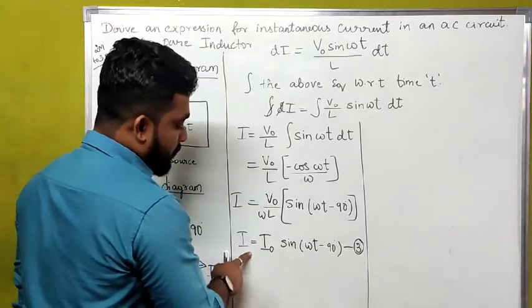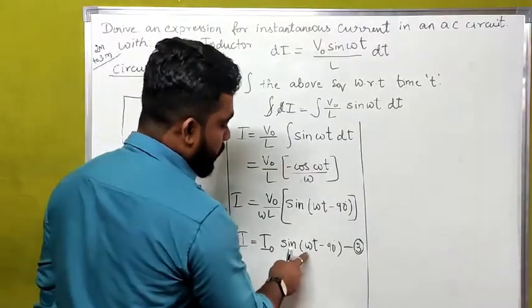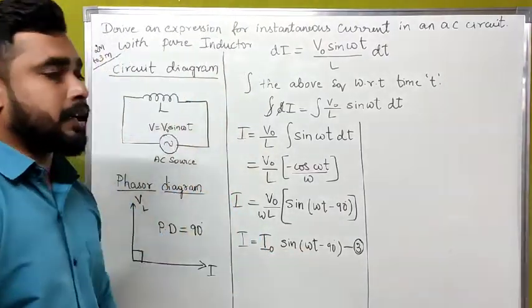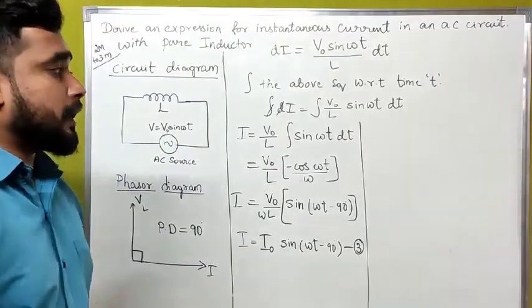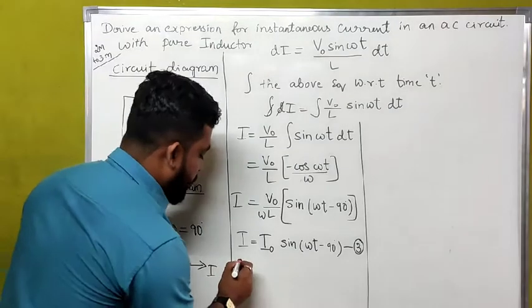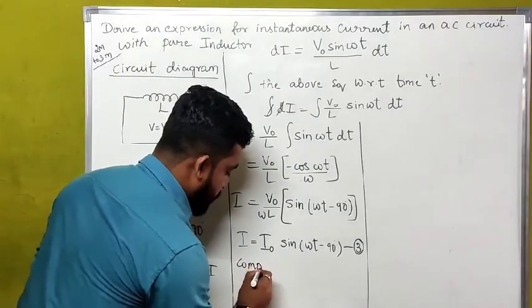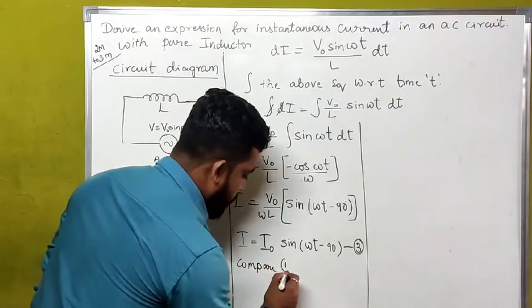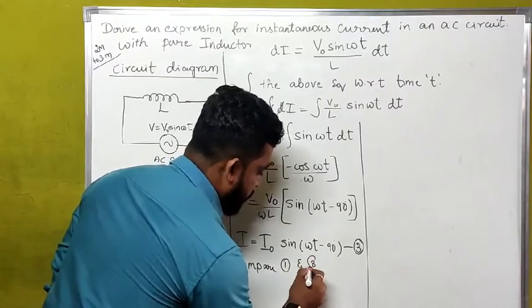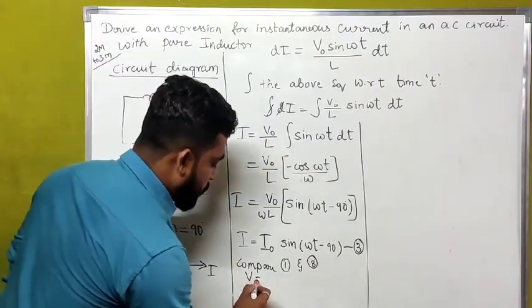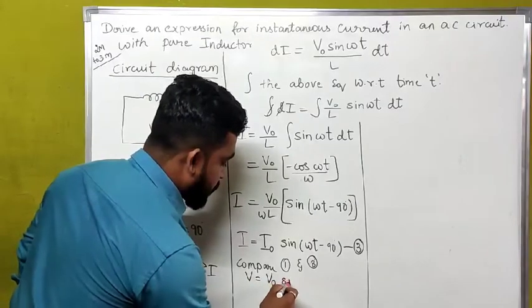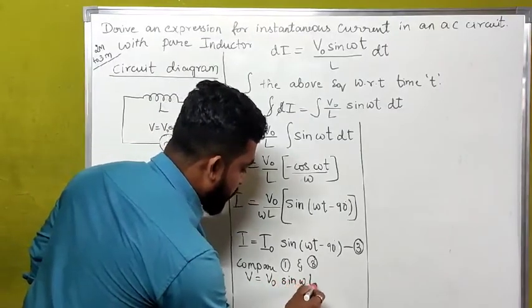Here we have considered I is equal to I0 sin of omega t minus 90 as equation 3. On comparing equation 1 and 3, what is our equation 1? That is V is equal to V0 sin omega t.